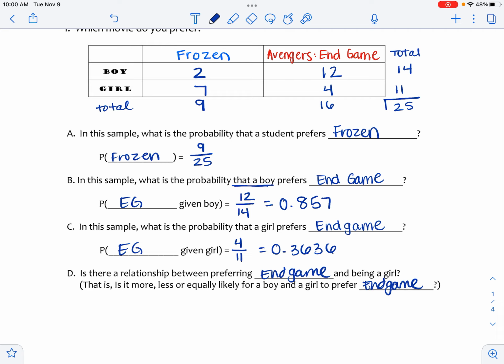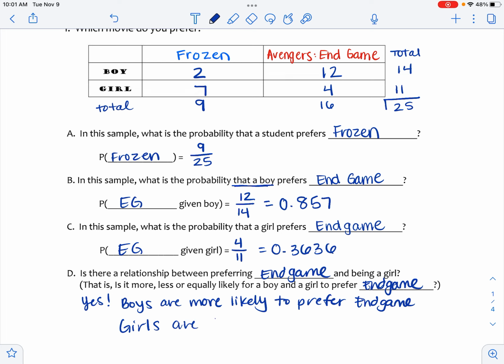For girls, it's a 36% chance. So yes, it looks like there is a relationship. Boys are more likely to prefer Endgame. And so then the flip side, girls are less likely to prefer Endgame. They're more likely to prefer Frozen.